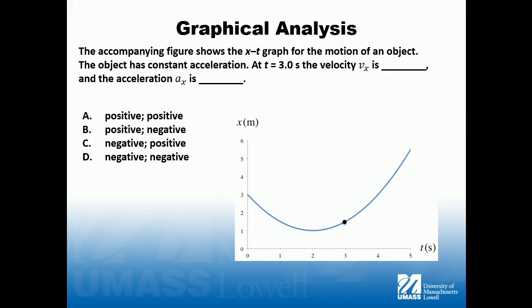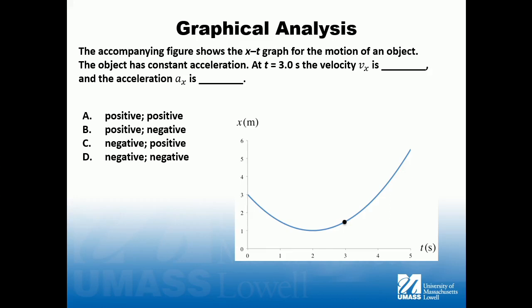Acceleration is the rate at which velocity is changing. So what's happening to that slope as time increases? Is it increasing or decreasing? Look at it as time increases. Is it going like this or is it going like this? The slope is going up, right? The slope is increasing.